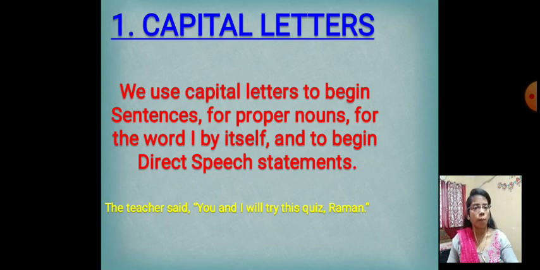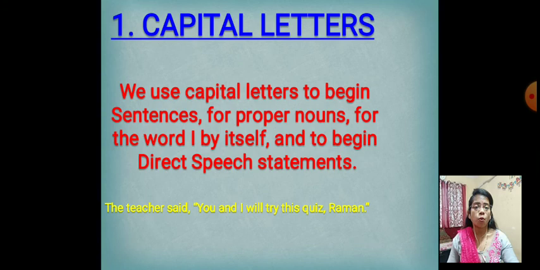You know the meaning of proper noun: any particular river name, place name, animal name or person name. With a proper noun you have to write the first letter in capital form.